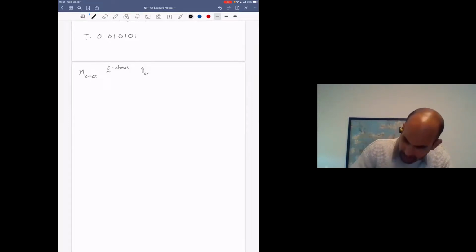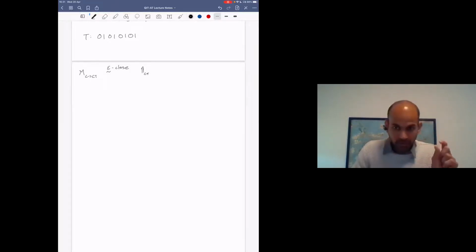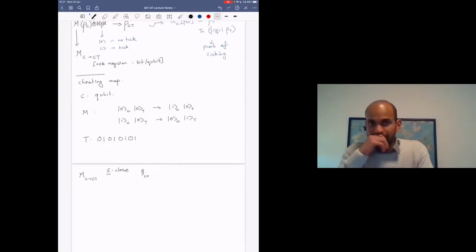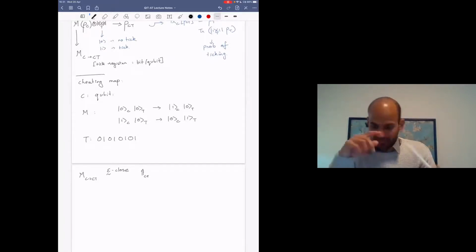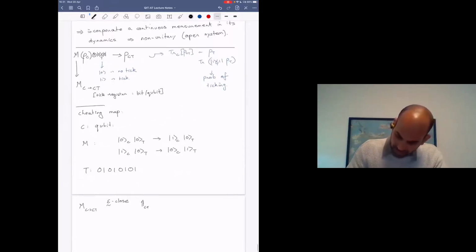Given that M is epsilon close to the identity, yes, sorry. Okay, so if I understand this correctly, this mapping M from C to CT takes a state at time t to a state at t plus some very small time step.